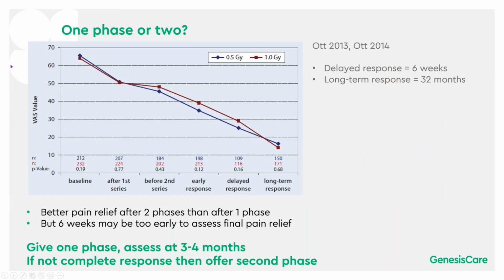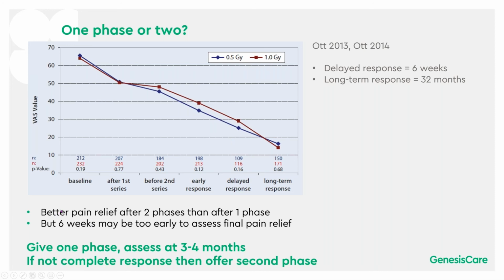The next question is, should you give one phase of 3 gray and 6 fractions or 2 phases? Now, if you look at the response in the OTT trial from 2013-14, then you can see the baseline, they started at around 6.5, about 65 out of 100. After the first series, they went down slightly. 12 weeks later, they went down slightly more. If they gave a second series, then they did have an early response. The delayed response was 6 weeks later and they responded further. And then long term at 32 months, they responded further.